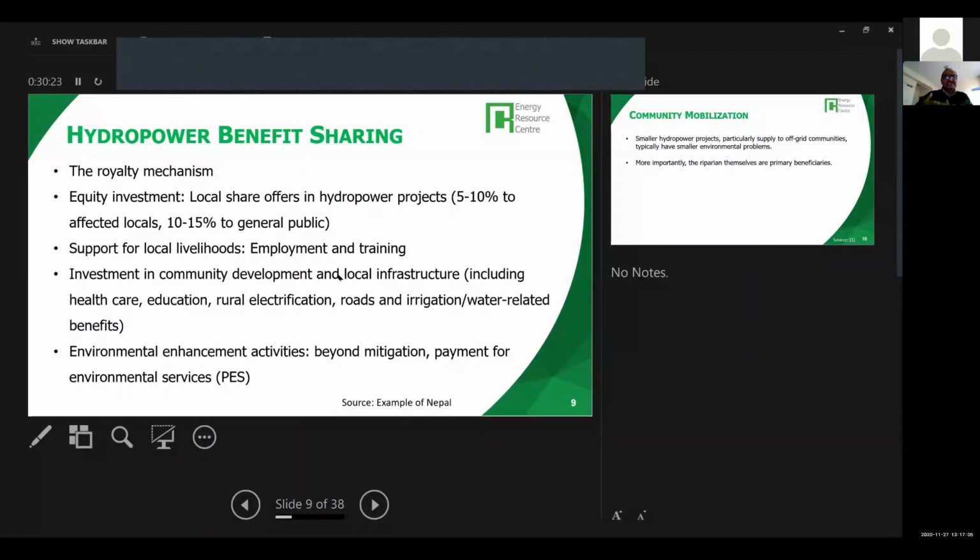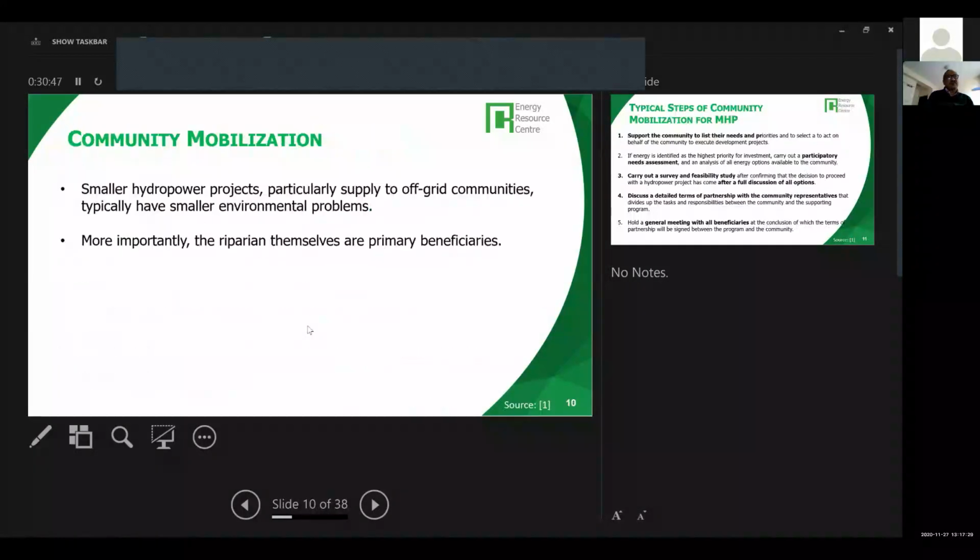So hydropower projects, in fact, compensate, pay for the services that the whole river basin catchment provides. And communities are compensated for carrying out watershed management, conservation activities in the upstream areas. So this is one of the ways to share benefits of hydropower. In smaller projects, community mobilization is very important, particularly for off-grid small hydropower projects.